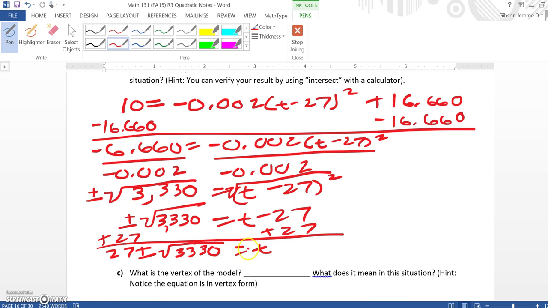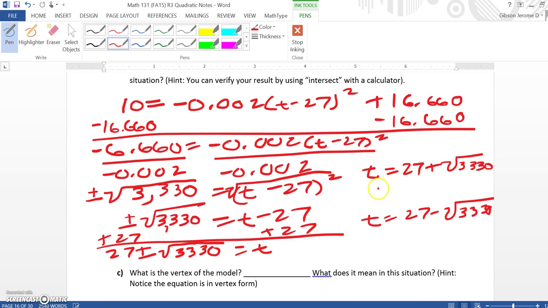Now, what we have to do is go off to the side, and I'm just going to do it here. We'll have T is equal to 27 plus the square root of 3,330. And then we will have T is equal to 27 minus the square root of 3,330.